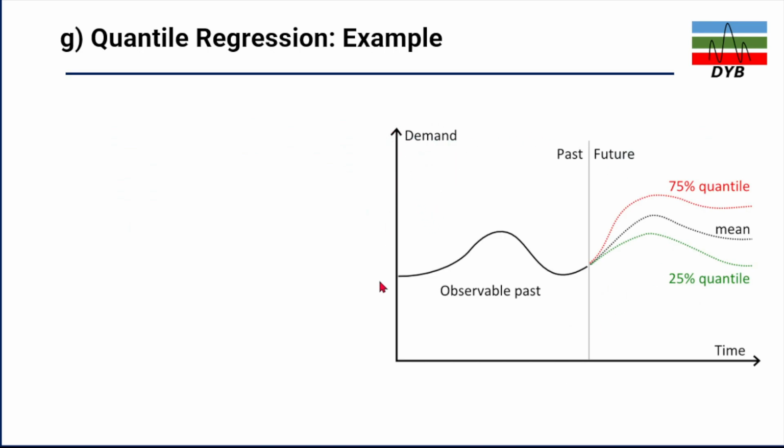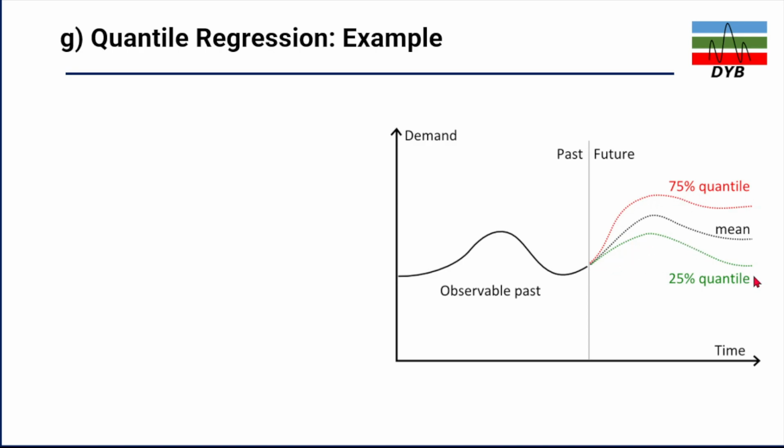It shows that we have time here and also demand. The observed past data is in the form of this curve. So this is the past and we can predict the future, based on different percentiles. Let's say based on the observed past data, we can predict the 75% quantile, so it will go up like that.